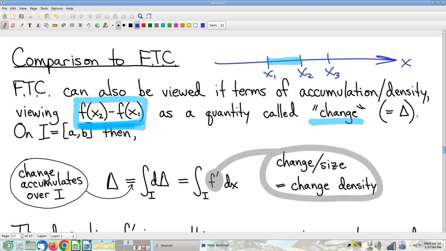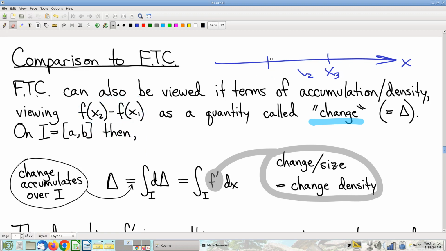So I could keep track of how much my height changed from 10 to 11, then from 11 to 12, from 12 to 13, etc. And each of those little changes contributes to a total amount of change overall. The whole is the sum of the parts. Everybody buy it? All right.